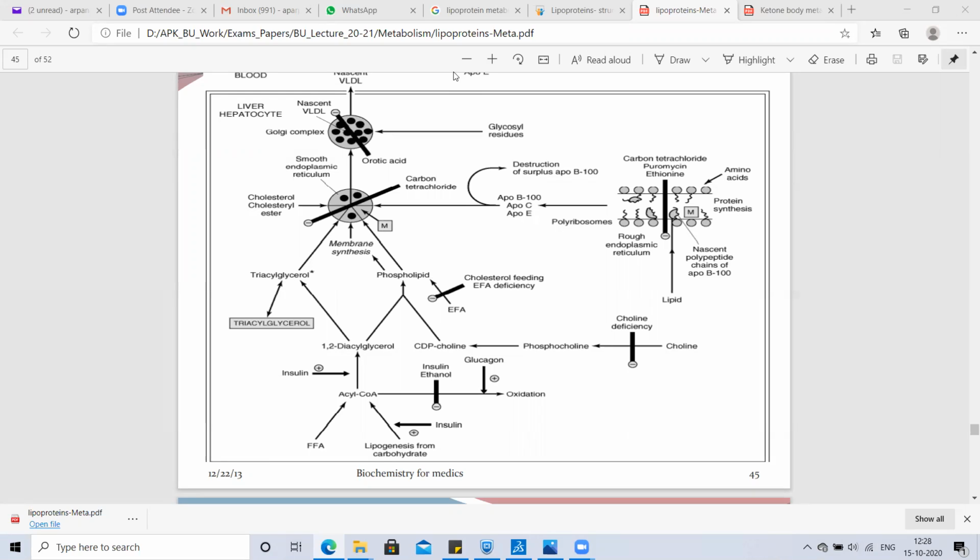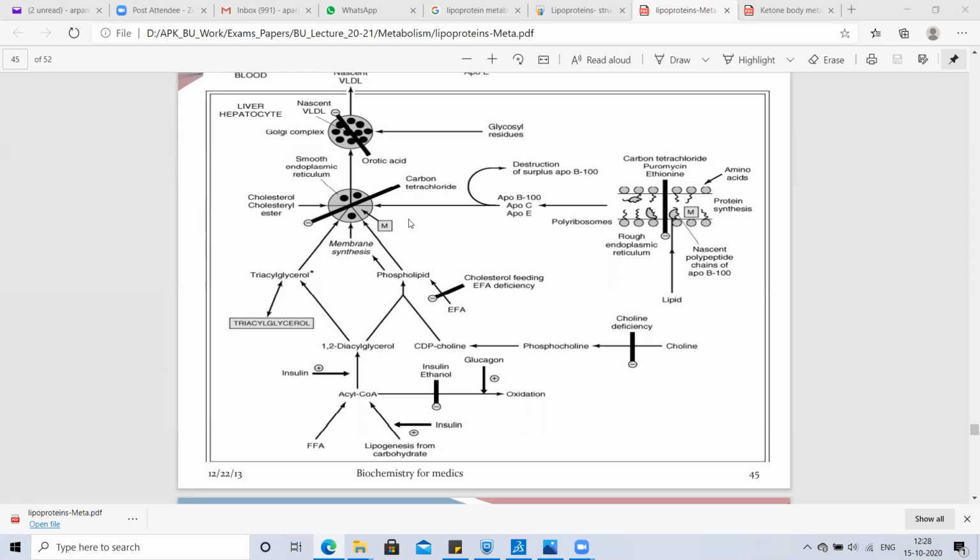Choline gets coupled with the phosphate group and CDP group and helps in the synthesis of phospholipid. We saw this whole process of phospholipid synthesis in yesterday's class, so I am not going to repeat it. All these triacylglycerols, phospholipids, and ApoB, C, and E are involved in the synthesis of VLDL, along with cholesterol and cholesterol ester, which are also mixed in.